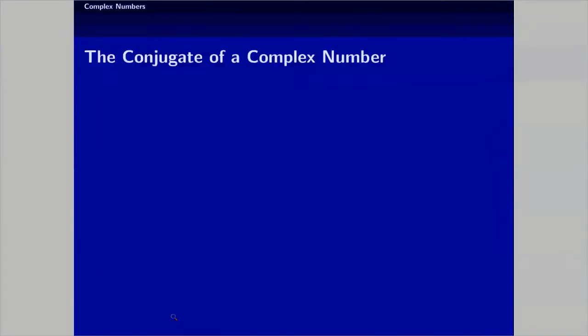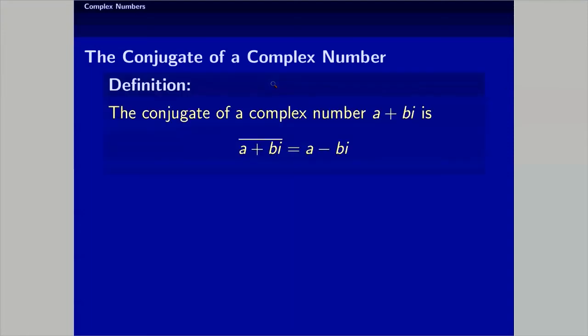So, after powers of i, we have the conjugate of a complex number. And this is the definition. When you see a bar on top, it means the conjugate of a plus bi. And how do you get the conjugate?